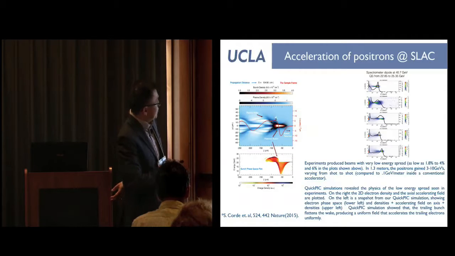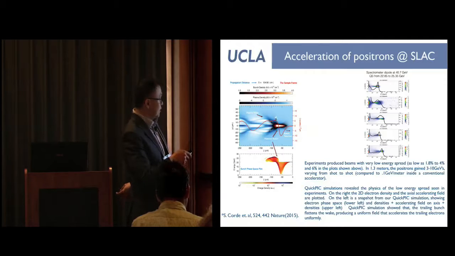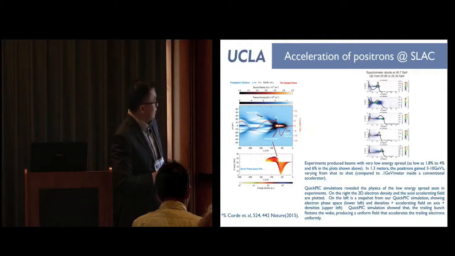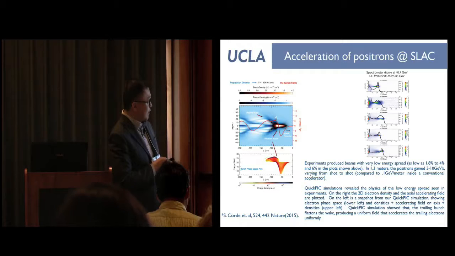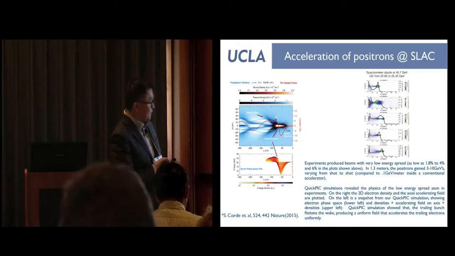On top, you see many things being plotted at the same time. You see a slice of the plasma density shown with the blue color map, the positron density shown in the orange color map, and the axial line-out of the accelerating field shown as a line-out in red. What the simulation is telling us is that the positron beam, because there are so many positrons sitting at the accelerating phase of the wake, has modified the wake in a way that the accelerating field is flat.